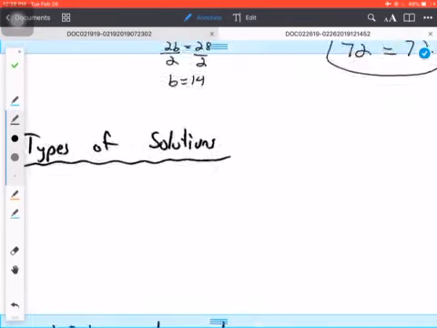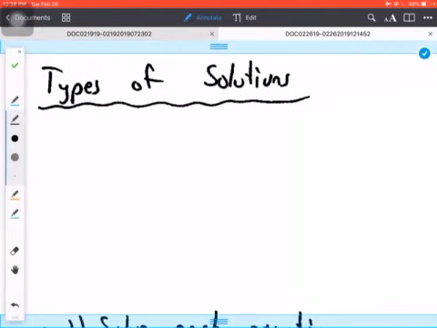Alright, so now that we've gotten a little bit of review on dealing with that, we have some different options here now as far as what our answers could look like. Because every single time we've had some kind of equation or inequality, we've had it where it's a variable equals a number. But that's not always the case.